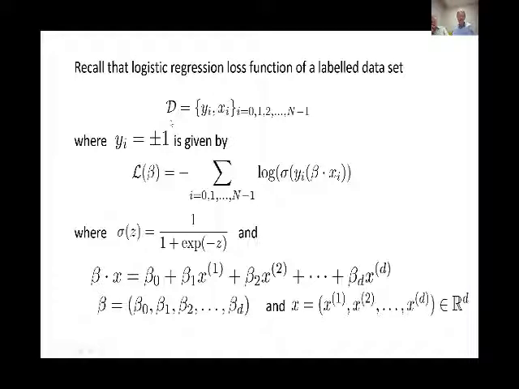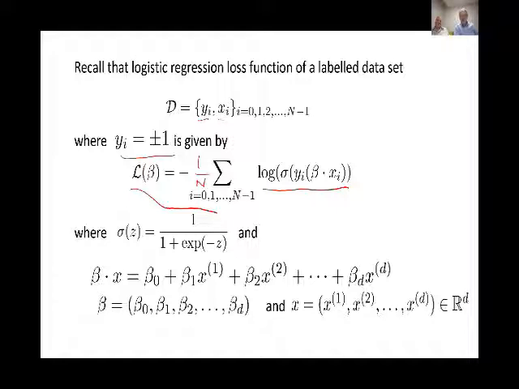We have data points, data vectors xi, and we have their labels yi, and yi in the logistic regression case is plus or minus 1. And then we had defined this loss function. There's a missing one over n here. The loss function is given by this somewhat strange expression.